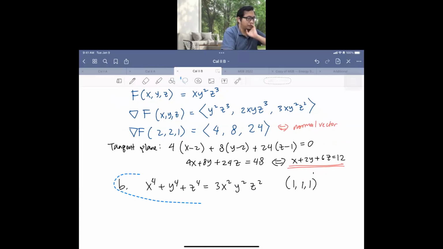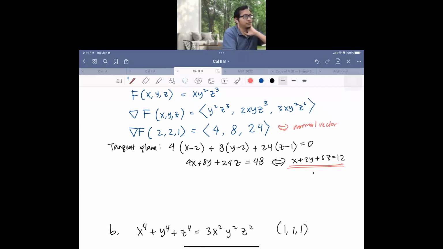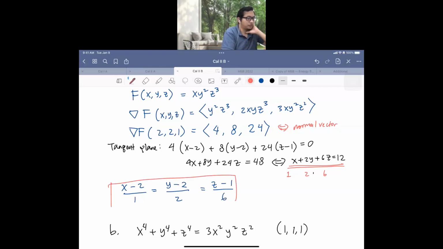Okay, the normal line, you can write the symmetric equations of it. We can take this is 1, this is 2, this is 6. So we can take (x minus 2) divided by 1, (y minus 2) divided by 2, and (z minus 1) divided by 6. And we can say that this is our normal line.